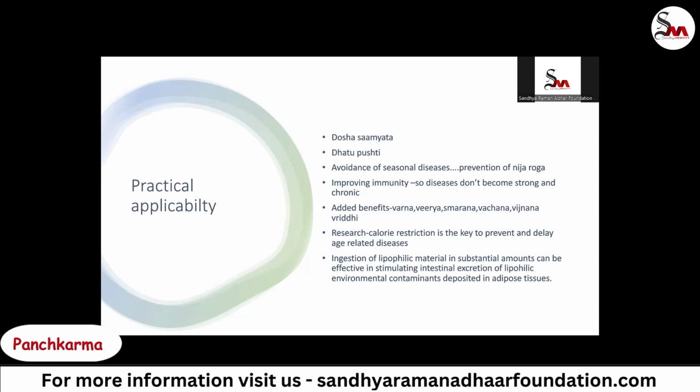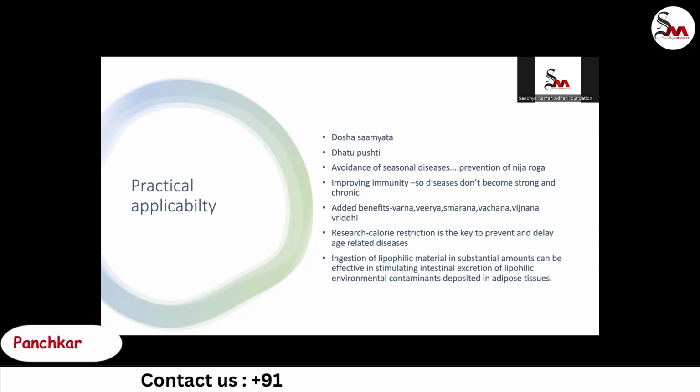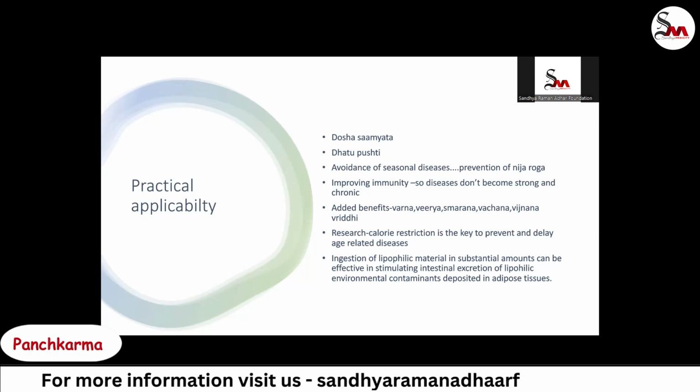We allow only peyadi things after sneha. That is, we advise ganji after snehapana, and after vamana and virechana, we advise peyadi krama or tarpanadi krama, where we restrict the calorie. So this calorie restriction is the key to prevent and delay age-related diseases, which can be achieved by Rutushodhana.